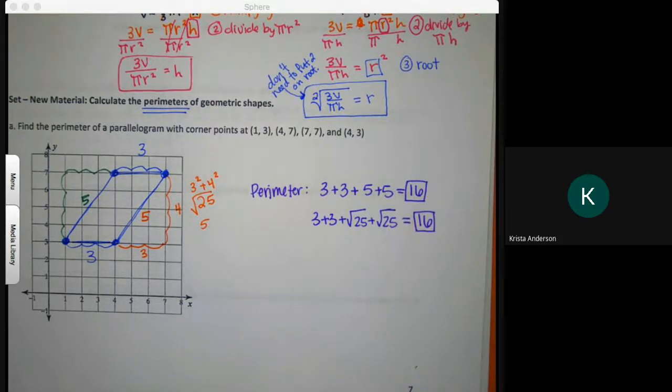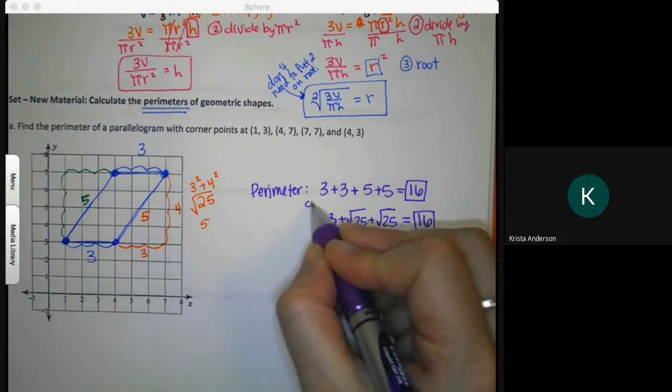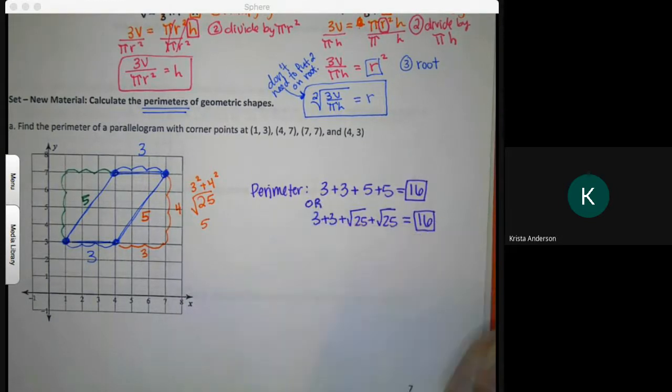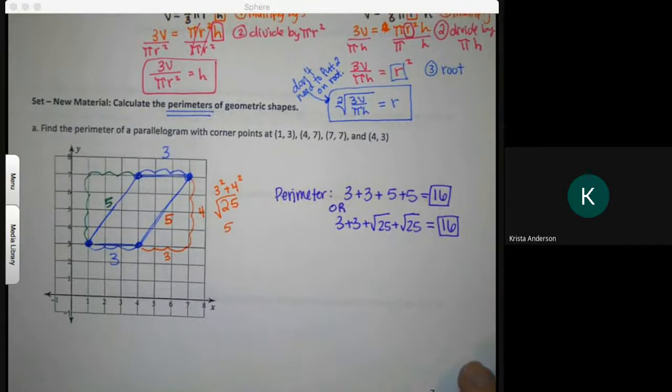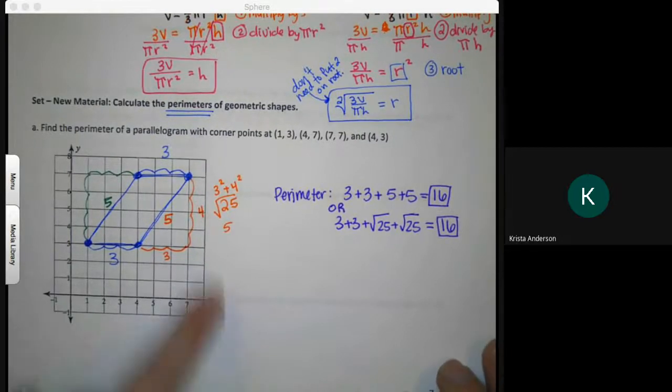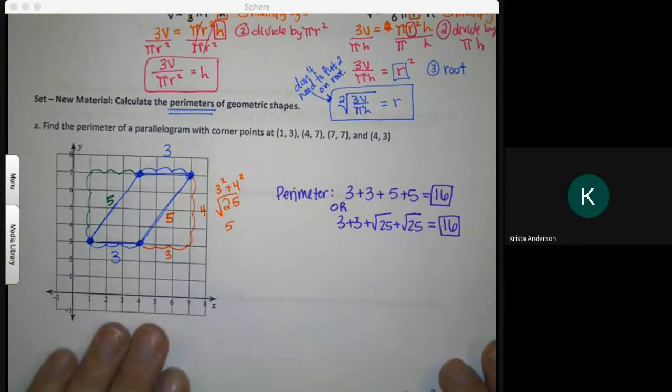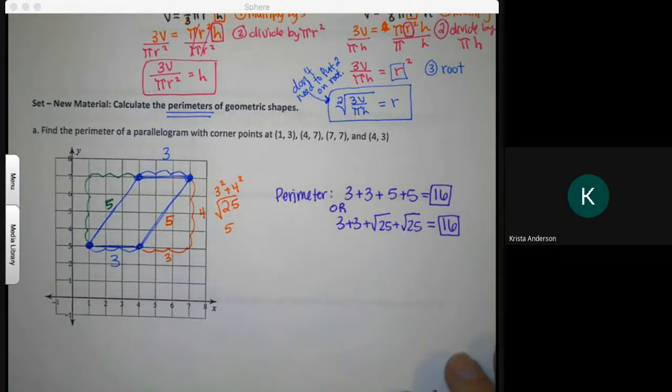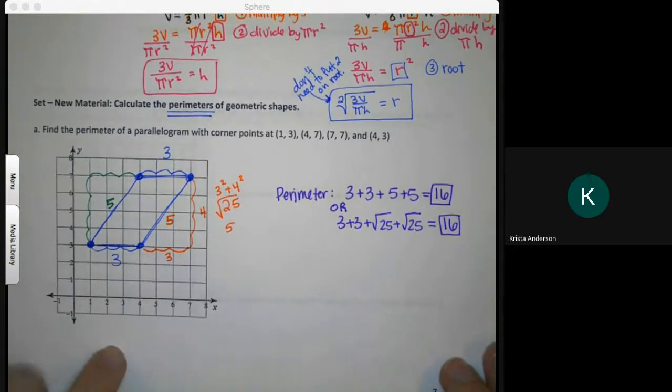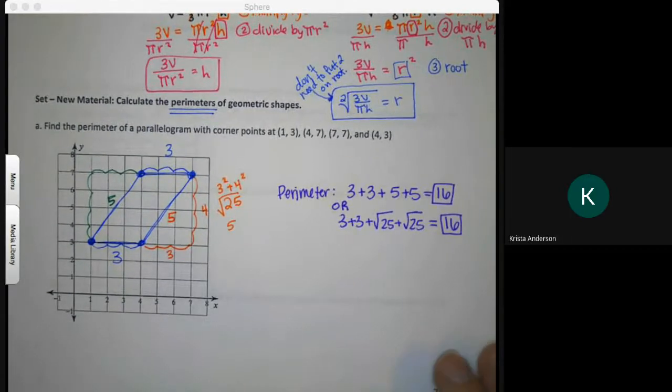It would not mark it wrong. You would still get 16. If you would like these graphs, these boxes, I have graph paper in the back, and they have 8 graphs. So you can use them on your assignment if you need them.